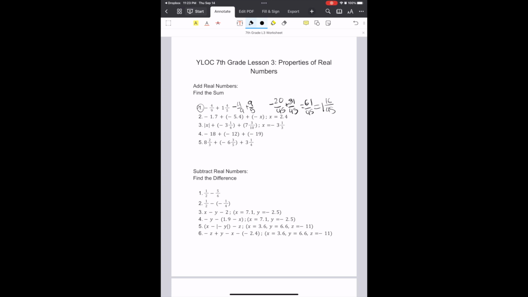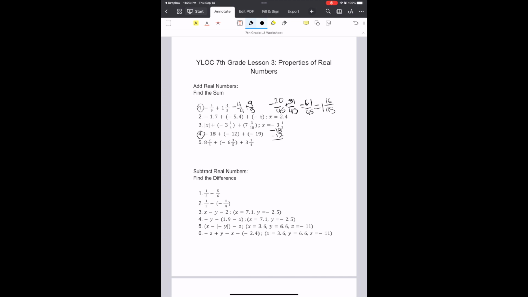Alright, let's do number 4. So for this one, it's negative 18 plus negative 12 plus negative 19. So don't let this fool you guys. Negative 18 plus negative 12 is basically the same thing as negative 18 minus 12.